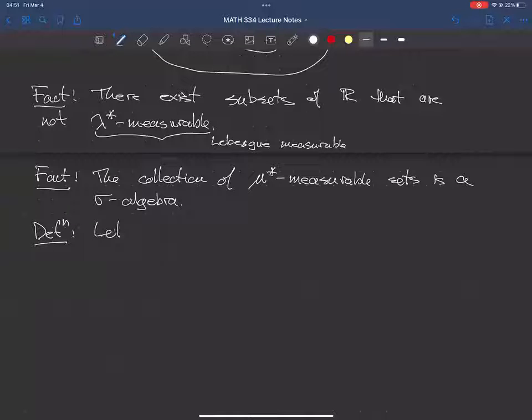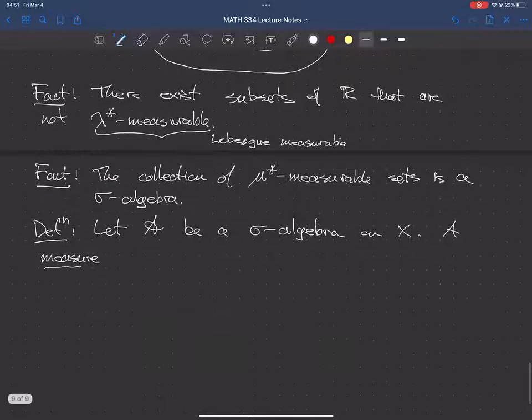Let script A be a sigma algebra on X. Now we're introducing the concept of a measure, not an outer measure.